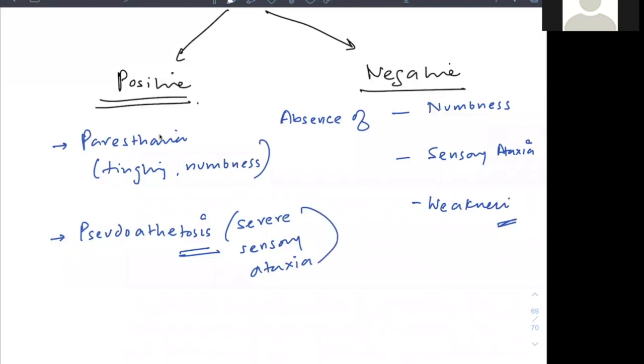That actually comes as a positive symptom because the patient is unable to control his hands because he is simply not aware of where his hands are. So that is a positive symptom.